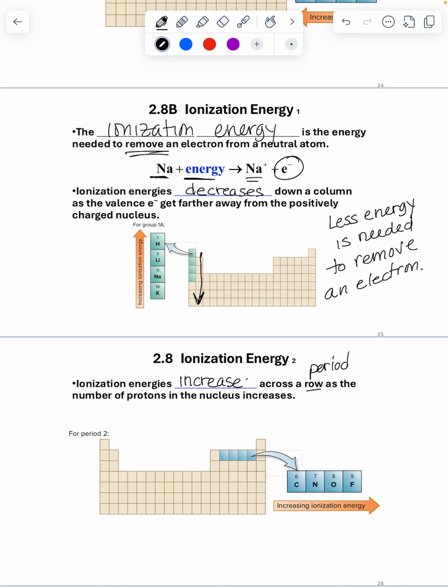This is saying more energy is needed to remove the electron. These are just a couple of examples of patterns that we see on the periodic table. And again, you'll get more practice with this as you move through your modules.